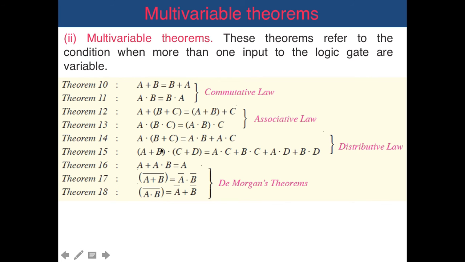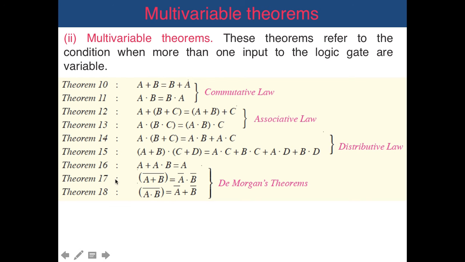Distributive law: a dot (b plus c) is equal to a dot b plus a dot c. Here (a plus b) dot (c plus d) is equal to a dot c plus b dot c plus a dot d plus b dot d. Theorem 16: a plus a dot b is equal to a.